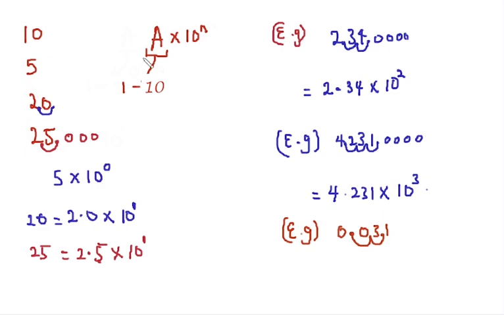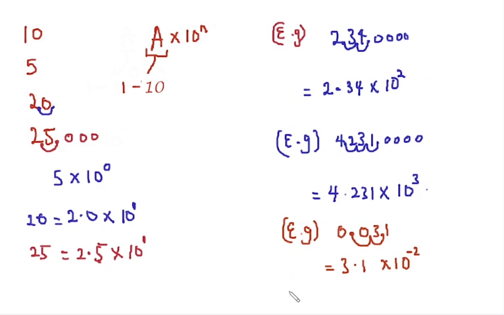So 3.1 falls within the range of 1 to 10, and we can say this is equal to 3.1 times 10. Remember, in this case, your point was moved from left to right, and it happened 2 times. If a point is moved from left to right, we have a negative power. Since it happened 2 times, this is times 10 to the power of minus 2.